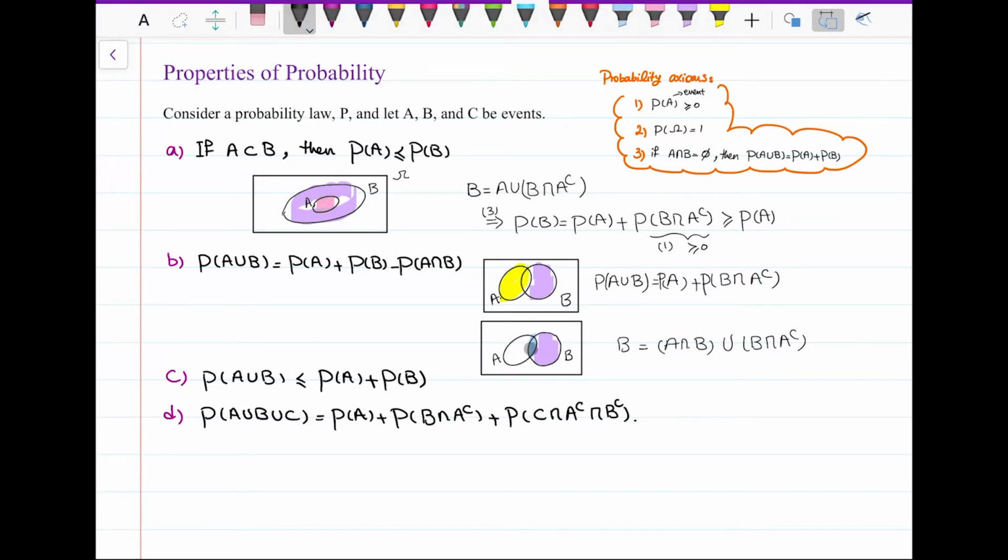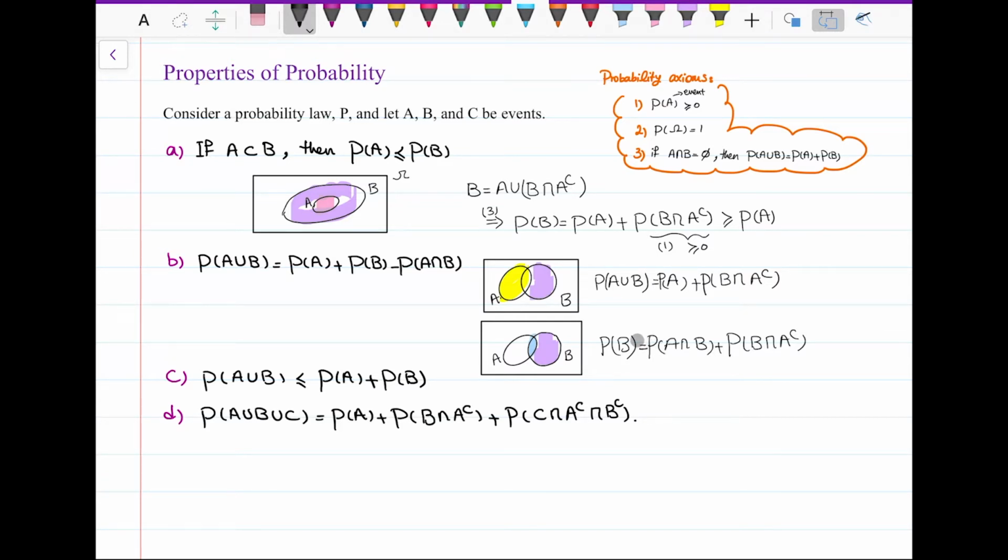So I wrote B as two disjoint sets. One is the blue area, which is A intersection with B. The other one is the purple area, which is B intersection with A complement. So I have two disjoint sets again. By axiom 3, probability of B is probability of the first one plus probability of the second one.